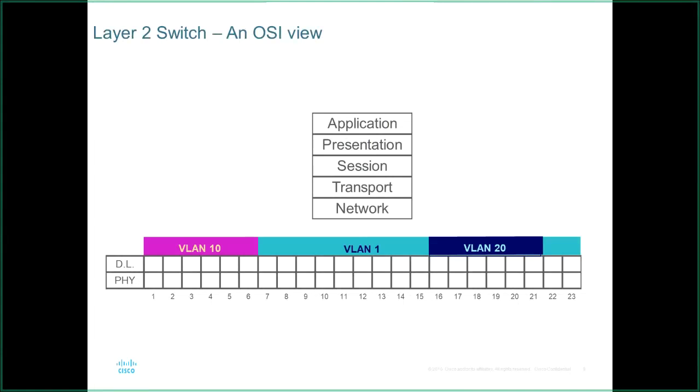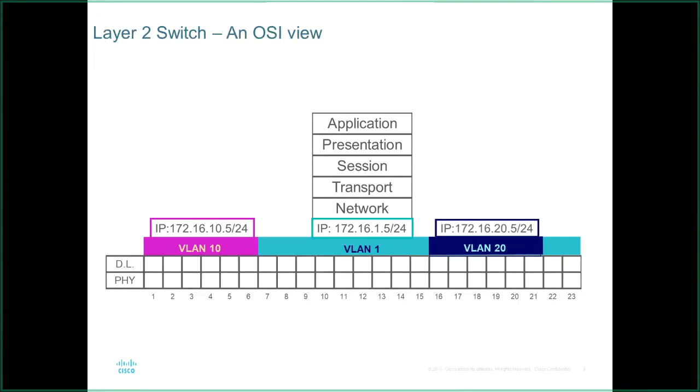So in this case, we've made VLAN 10 and VLAN 20. And we've given VLAN 1 an IP address. So we've gone into the interface VLAN 1, given an IP address, subnet mask. Done the same for VLAN 10 and VLAN 20.